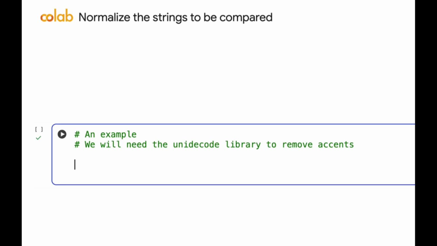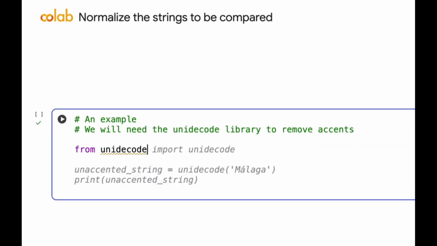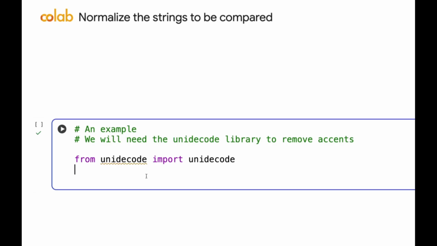One library we're going to use is called unidecode. So from unidecode, I want to import a module of the same name, okay? And this is going to be used mostly for me to remove all the accents in the example.